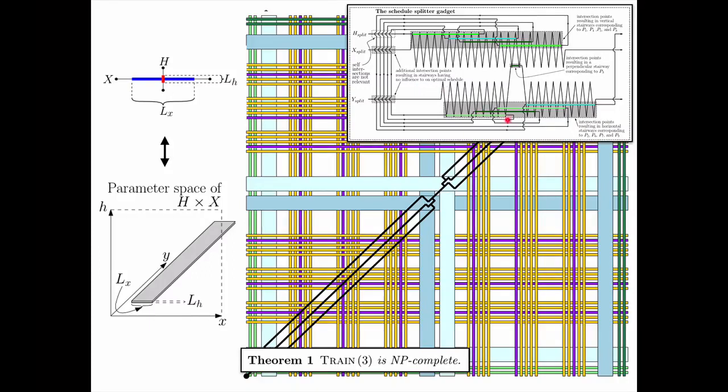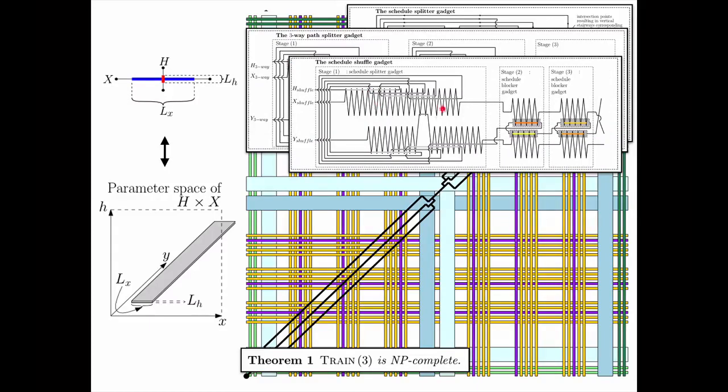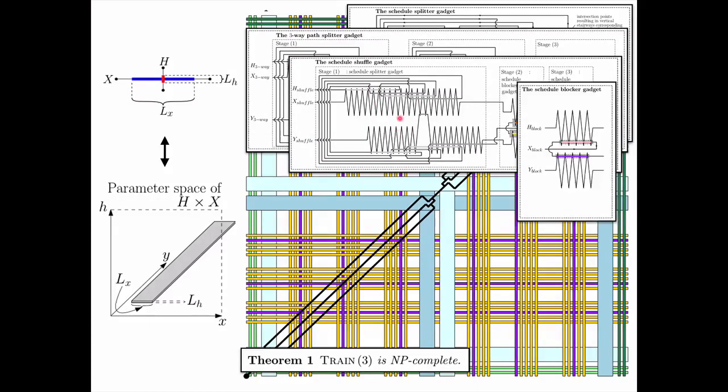So this is a triple of curves constructing the splitter gadget. This is a triple of curves constructing as a parameter space the three-way path splitter gadget. This is a shuffle gadget, and this is the blocker gadget.